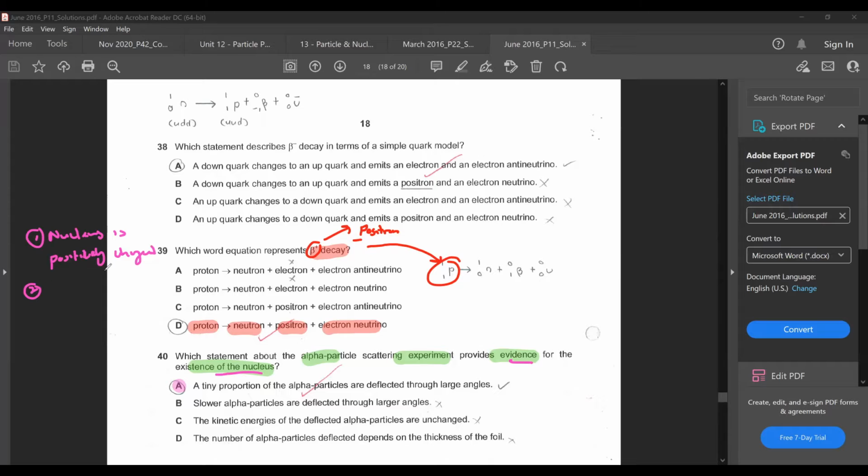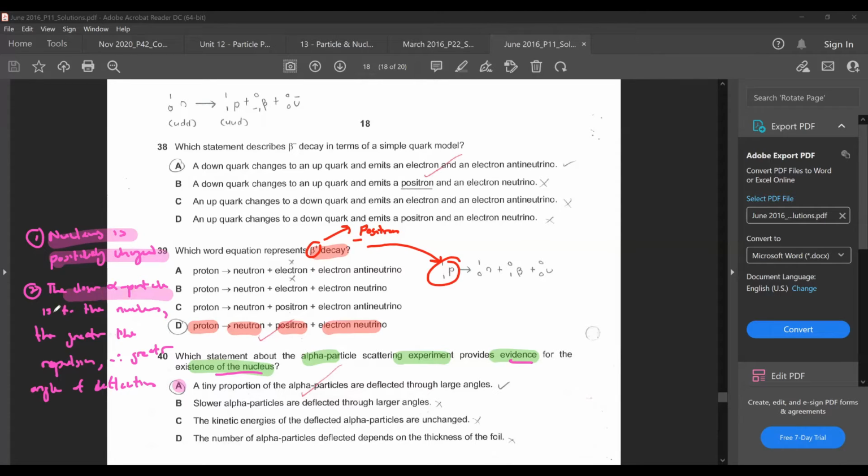All right. Then after that, you know that the nucleus is positively charged.